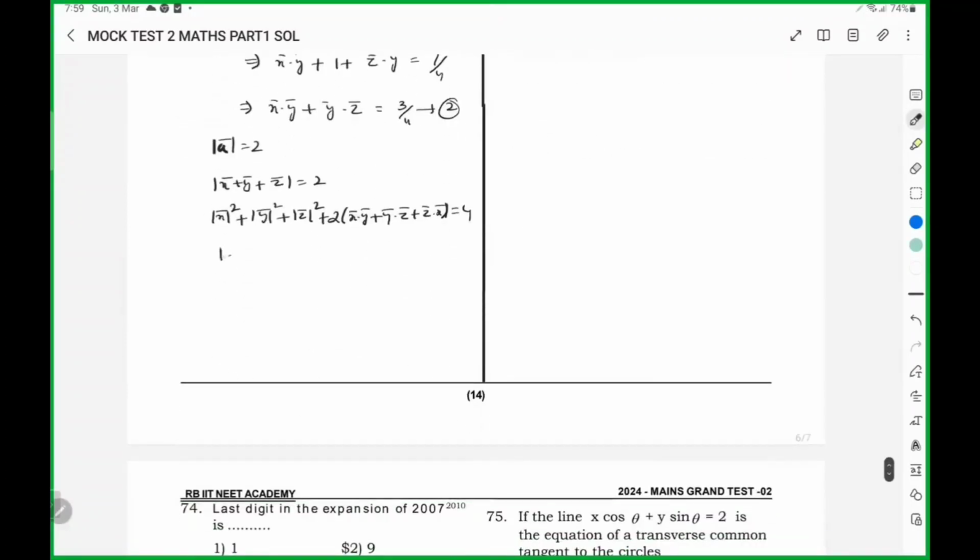These are unit vectors, so 2(x·y + y·z + z·x).